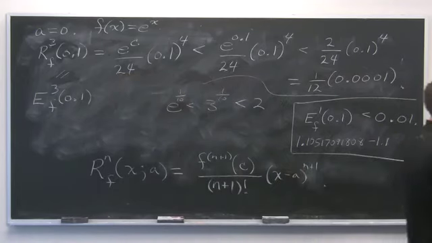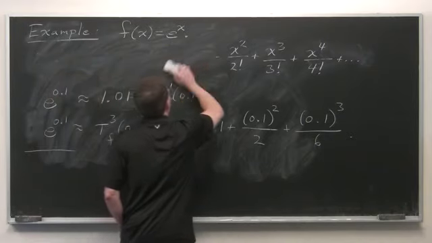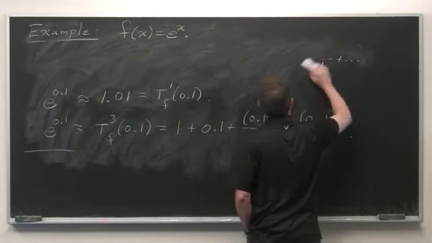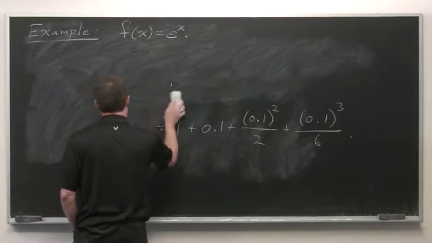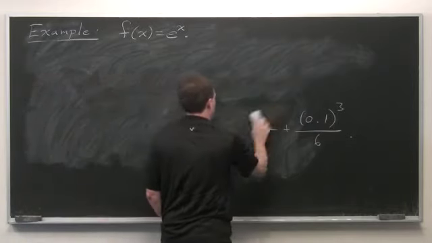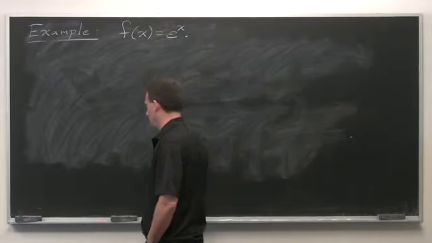So we're going to stick with f of x is e to the x, but now not fix a particular x value, but say x is close enough to 0, and how close to 0? Within plus or minus 1.